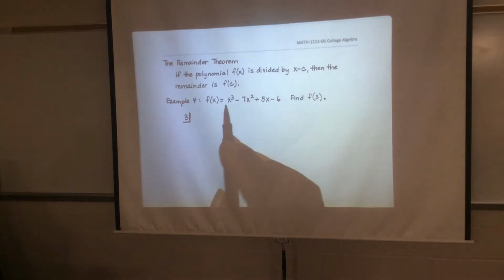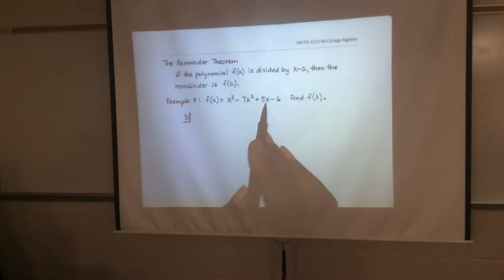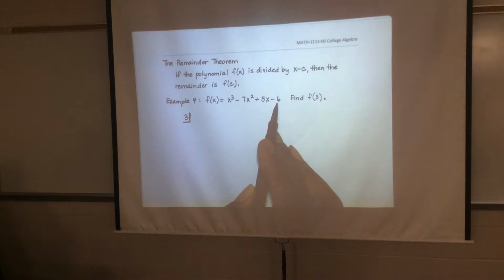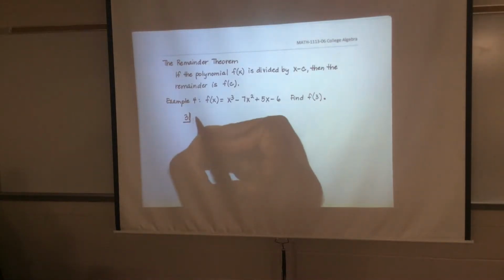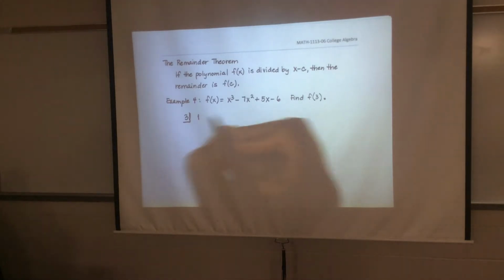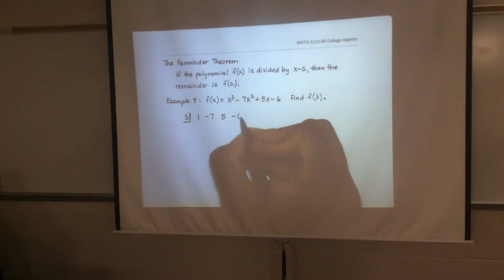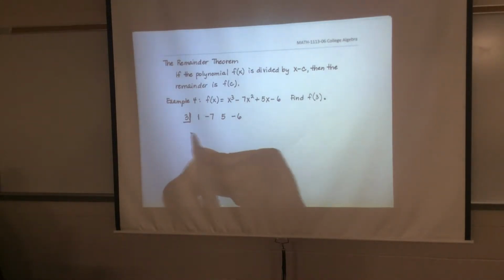Now, in the f of x function, there are no missing terms here. We got x cubed, we got x squared, we got x, and a constant term, so we can write down the numerical coefficients here. So here, for x cubed is 1. For the x squared, -7. For the x, it'll be 5. The constant is -6.